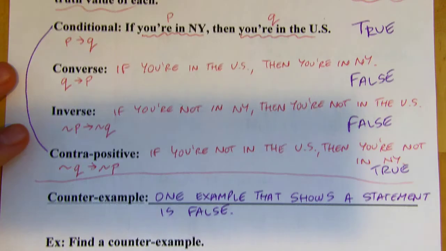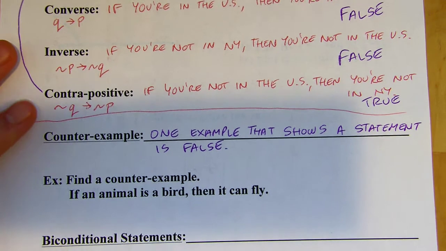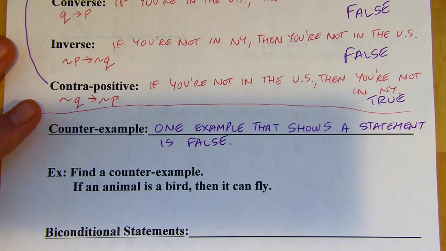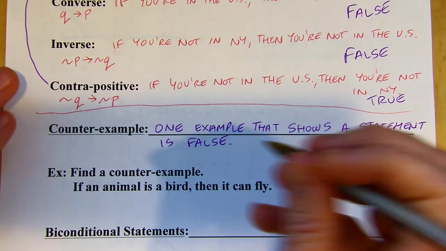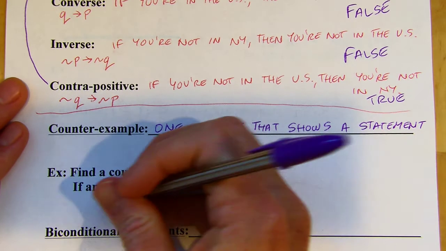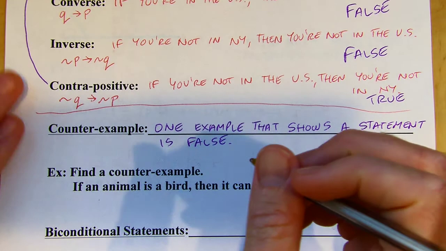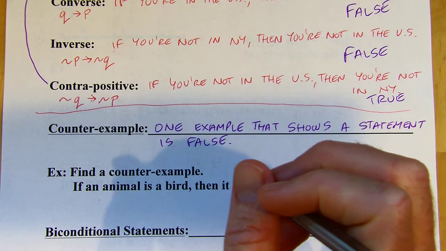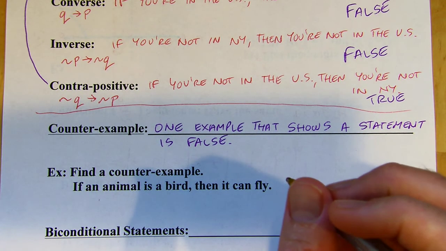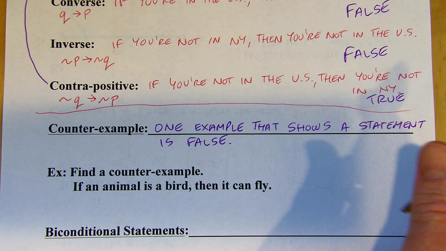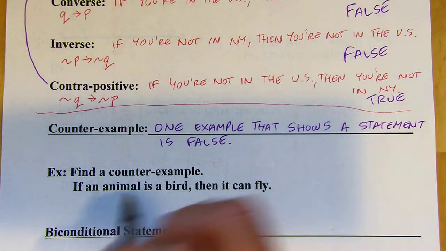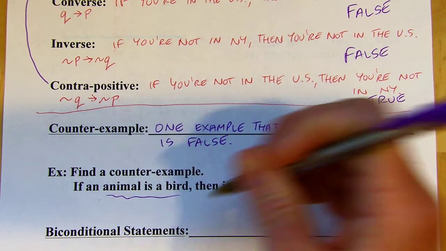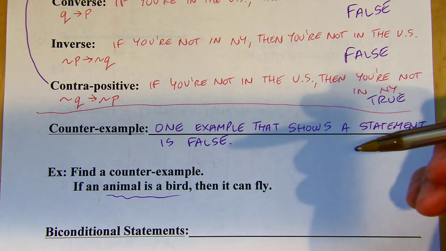Okay, so let's find a counterexample here. If an animal is a bird, then it can fly. Well, what about a bat? No, never mind. I want to start with an animal being a bird. A bat can fly, it's not a bird.